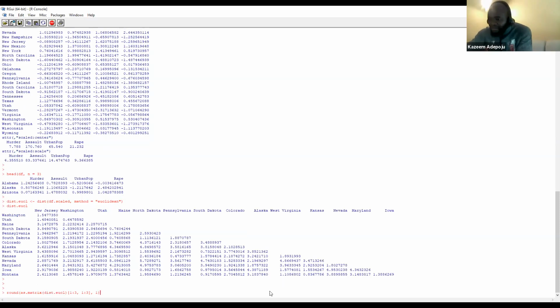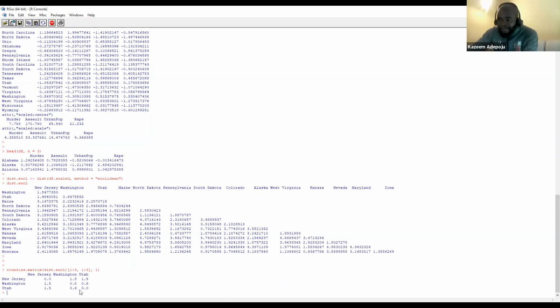Now, take a look at what I have right here. This one will look like the one we have been doing, because it has 0 in it. Can you see that now? Look at that: New Jersey, that would be 0. Washington, that would be 0. Utah, that would be 0.